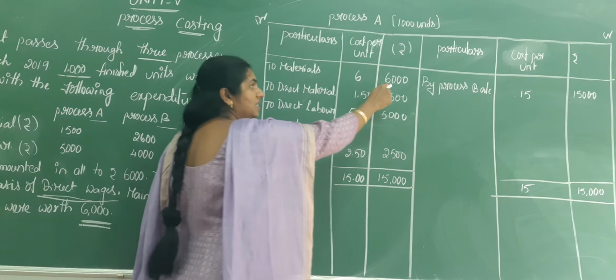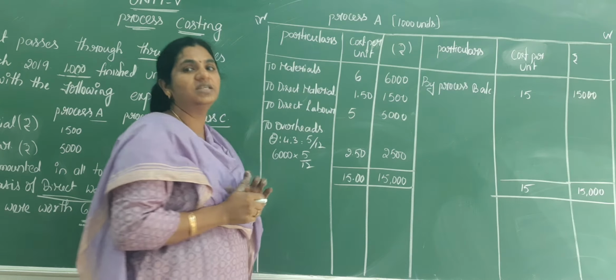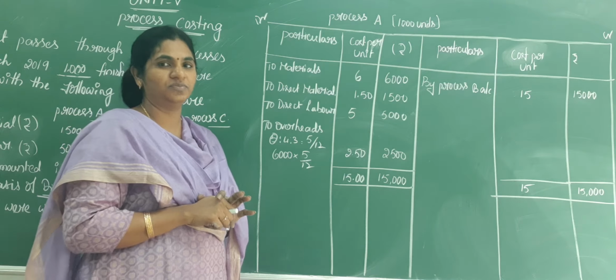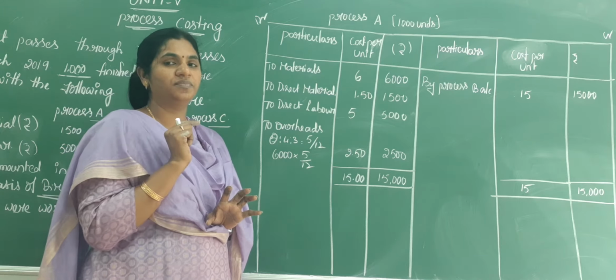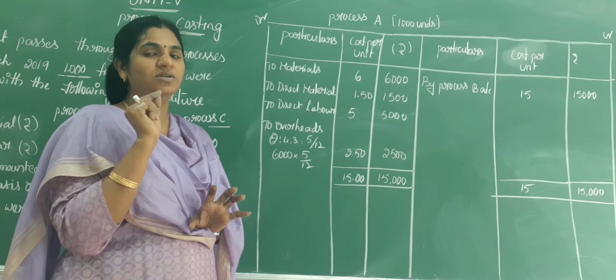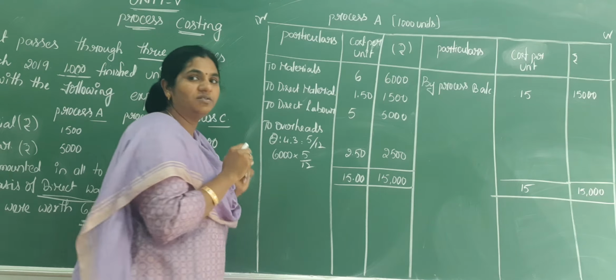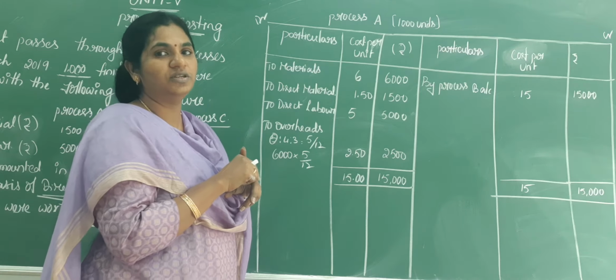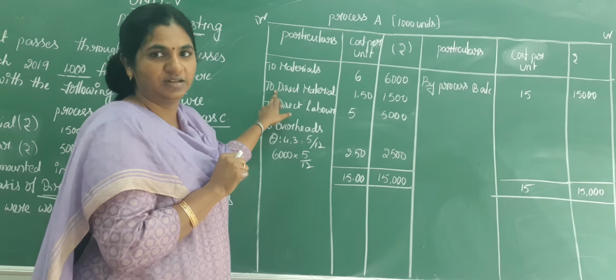Altogether we got 6,000 divided by 1000. Per unit cost is 1000 rupees. Sorry, per unit cost is 6 rupees. So the raw material of 6,000 worth for 1000 units is 6 rupees per unit.